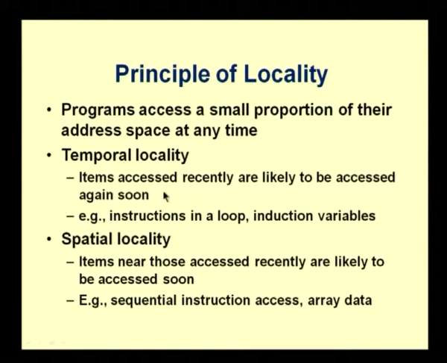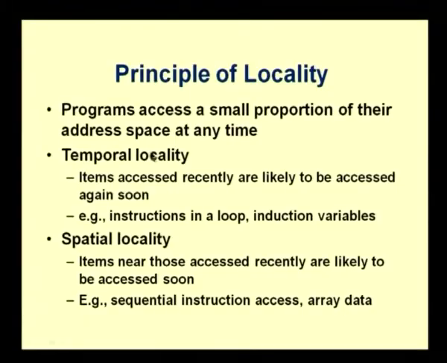That is, if an instruction at a particular address has just been accessed, it is likely that the same address is going to be accessed soon again. Examples of this: many programs that we write will typically be running in a loop. When you have a loop, it gets executed again and again, so the instructions in the loop are going to be executed again and again.